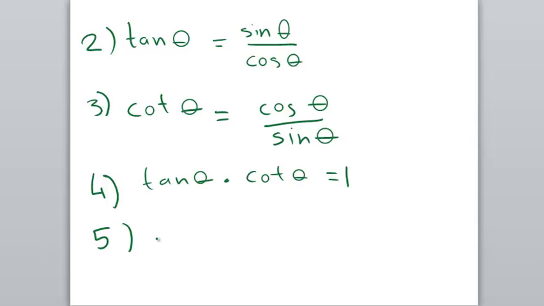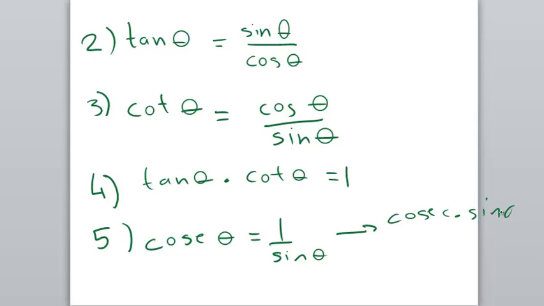Fifth identity, cosec angle is equal to 1 over sine angle. So we cross multiply, so cosec angle times sine angle is equal to 1, because we cross multiply.